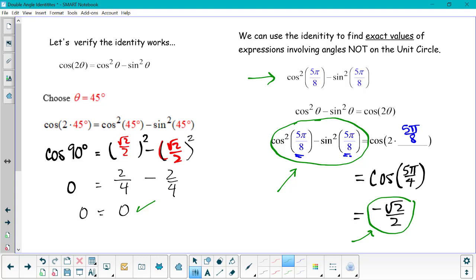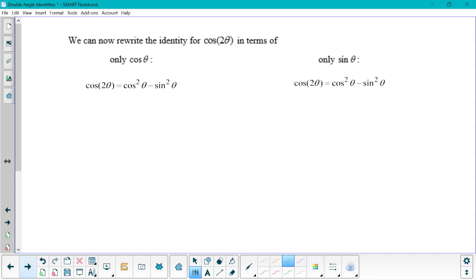Okay, now we can write other identities for cosine of twice an angle. And what we have the ability to do is write it so that we have an identity for cosine of 2 theta that only has cosine in it. So if I only know the cosine of the angle, I can find the cosine of twice the angle.